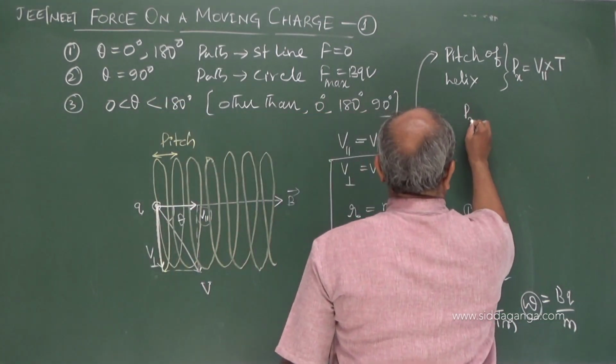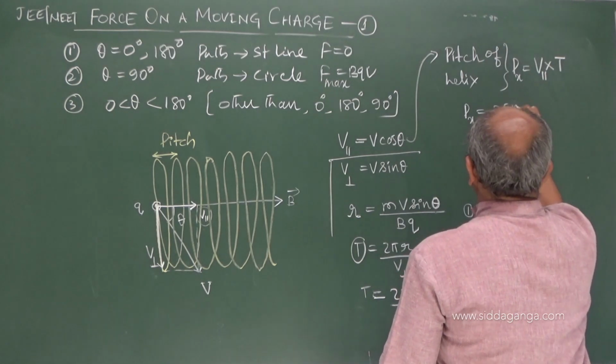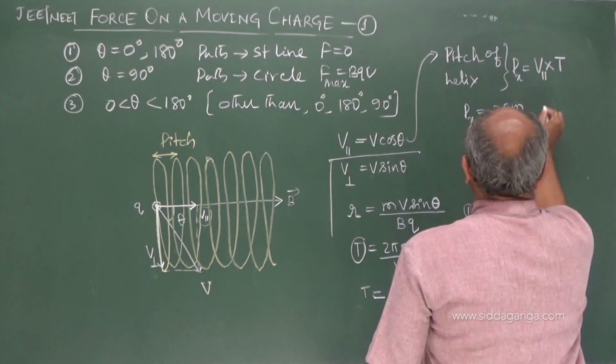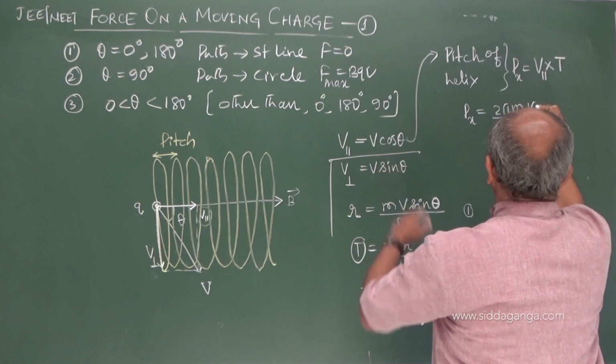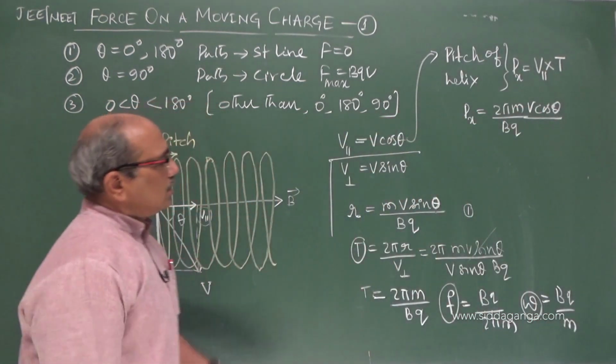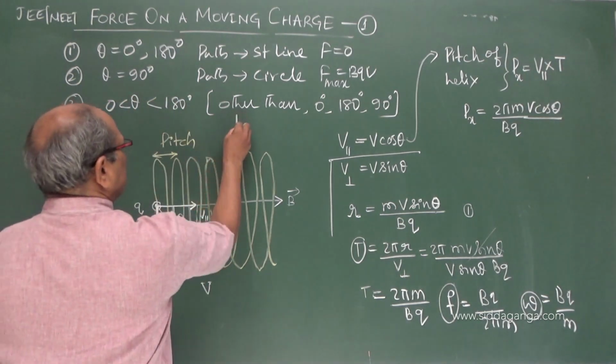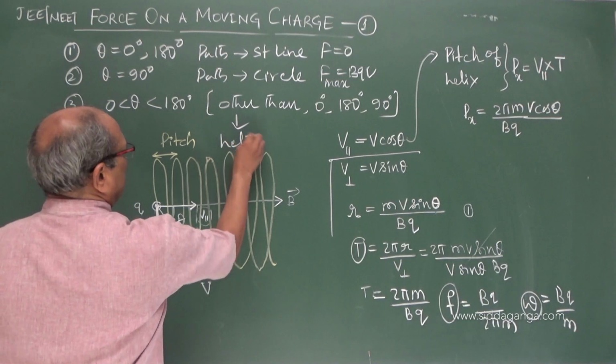That equals T, which is 2 pi m upon Bq, into v cos theta, giving you that equation. Remember these three cases. If this is the case, the path is a helix or helical.